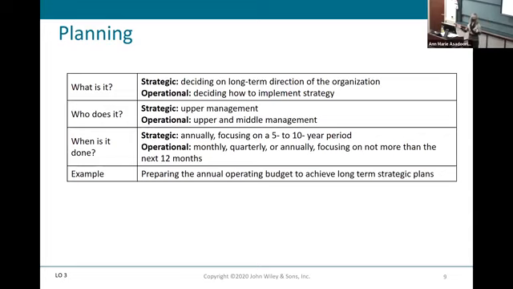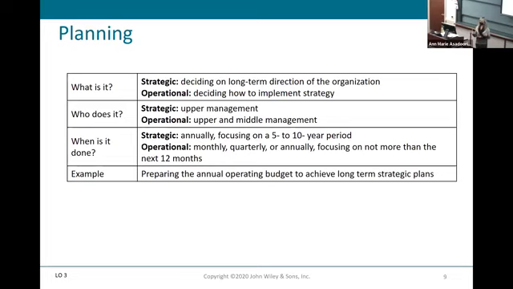Once you have the long-term goals, then you're going to start to break it down. How am I going to get there 10 years from now? Then you have your operational goals, your budgets that are going to be set yearly, right? So now you have a yearly plan where you're going to be able to move forward to that 5 or 10 year goal. So your operational budgets are done by upper management or lower management. Some are done top down, where top management tells you this is what you should be doing this year.